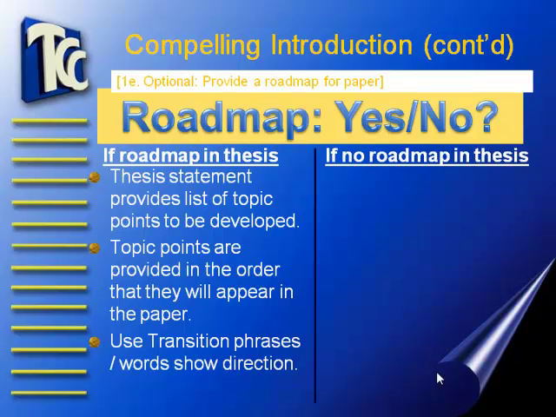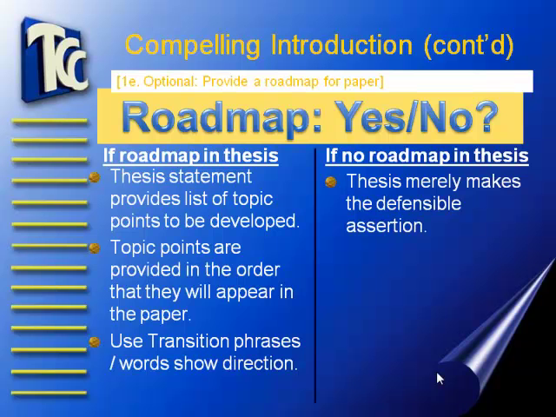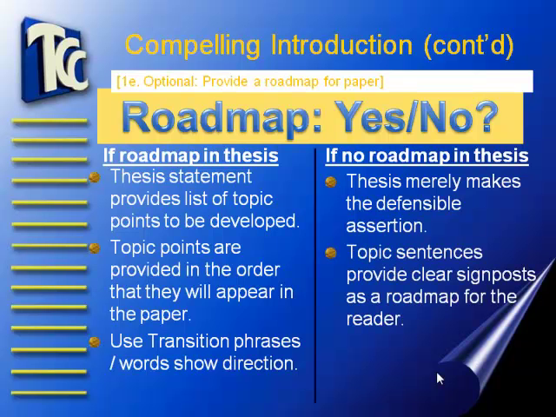If no roadmap is provided in the thesis, then you need to provide that elsewhere in the paper. Specifically, you will still make sure your thesis is assertive, defensible. Then you will look at your topic sentences. They become the most critical part of moving your paper along at this point, though they are still important even if you gave the roadmap in the thesis part of the paper.